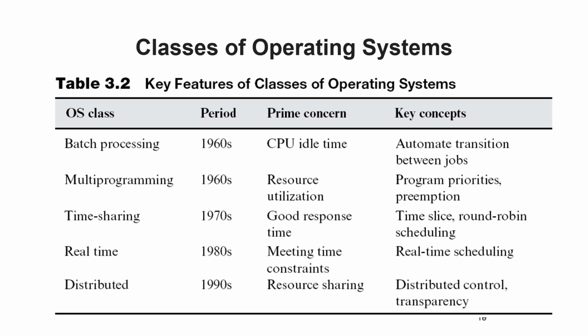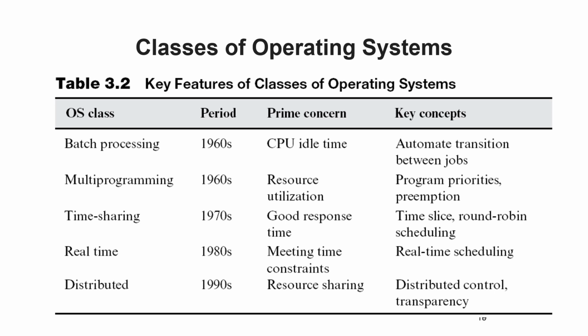And the next is real time systems. So what do we mean by real time systems? The operating systems which operate in real time applications were implemented in the 1980s. The main concern of a real time system is meeting time constraints.